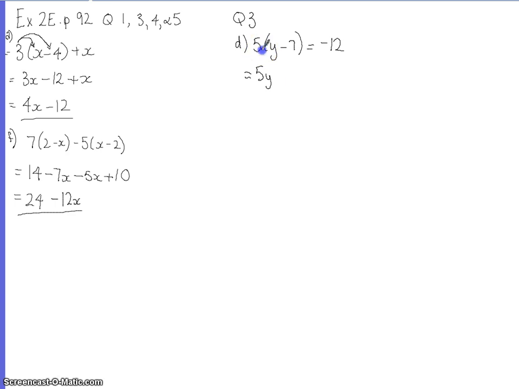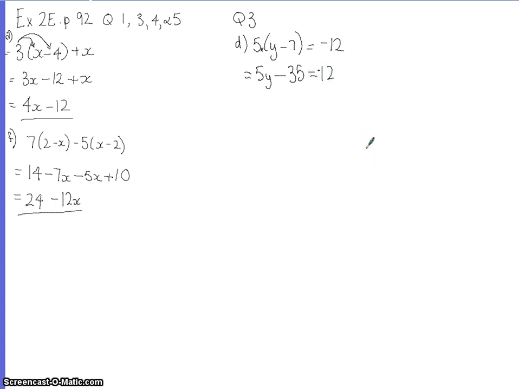Okay, remember this is a multiply. So positive 5 times negative 7. A positive and a negative makes a negative. And 5 sevens are 35. Excellent. So negative 35 will equal negative 12.